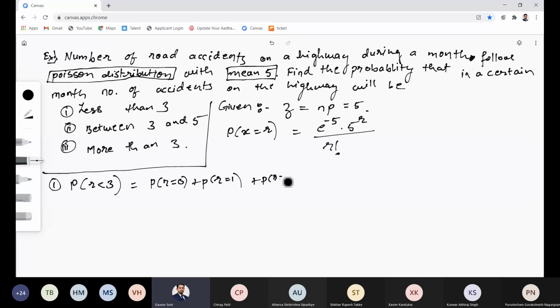So this is e to the power minus 5 summation 5 raised to R by R factorial, R is running from 0 to 2. Let's do the calculation.